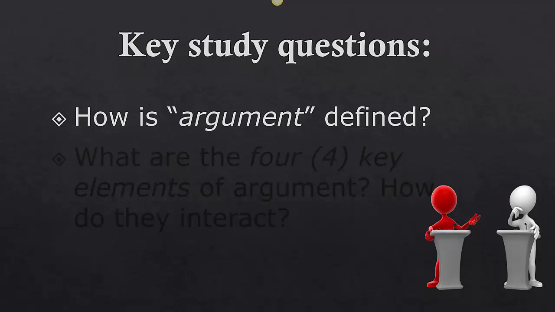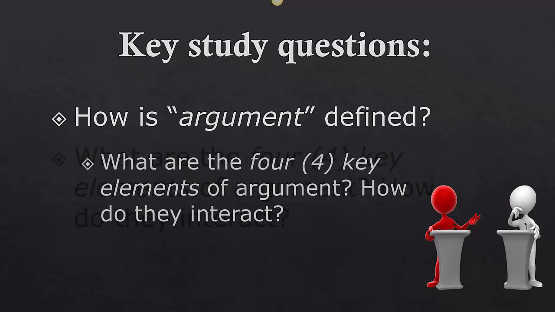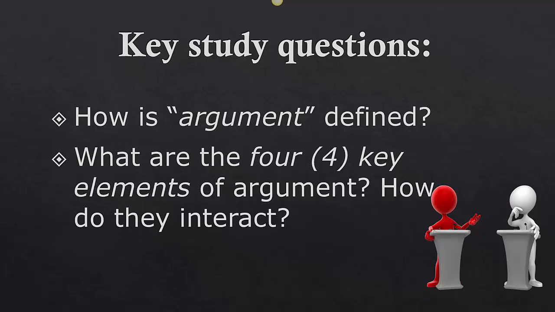And it's a process of communication that's intended to influence an audience. And that process of social influence and justification for points is defined by four key elements and their interaction: the context of disagreement, and then the three pieces of argument that exist within that context: the claim, the evidence, and the reasoning.